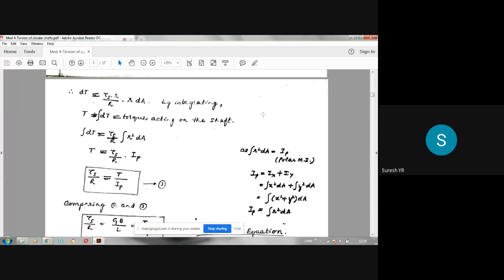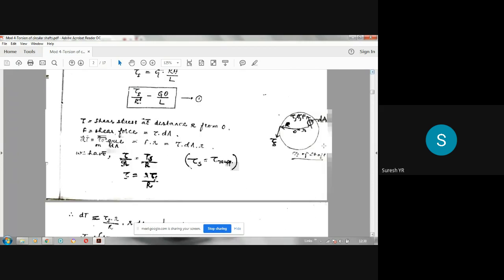Polar moment of inertia is defined like this: Ix plus Iy. Suppose you have a circular section like this, the x-axis is this, the y-axis is this, r will be this. If you take the coordinates of any point here, for that radial distance you can apply the Pythagoras theorem for the right angle triangle. This will be x, this will be y, this will be r.